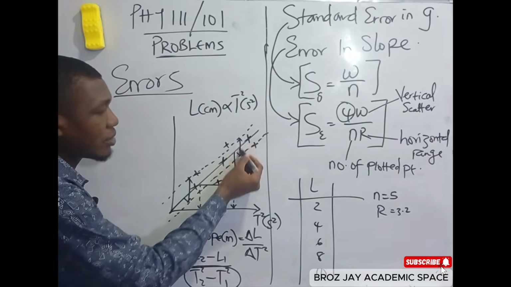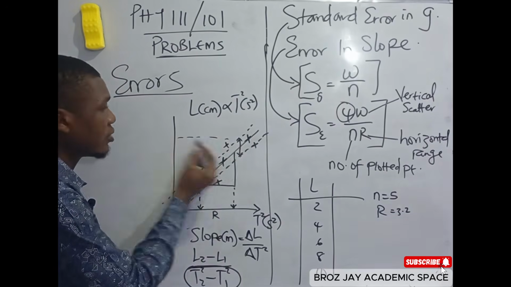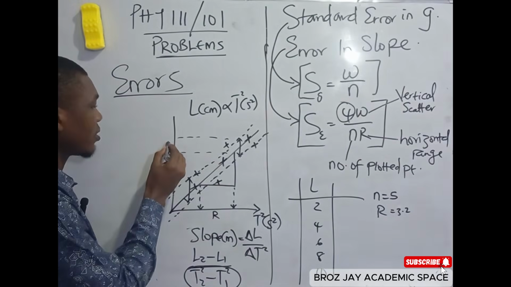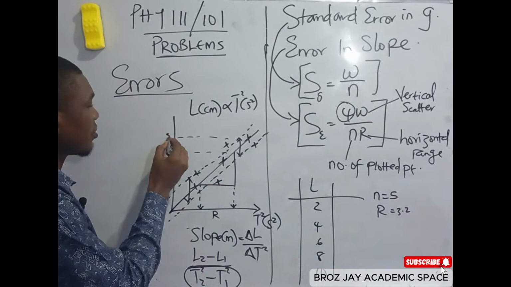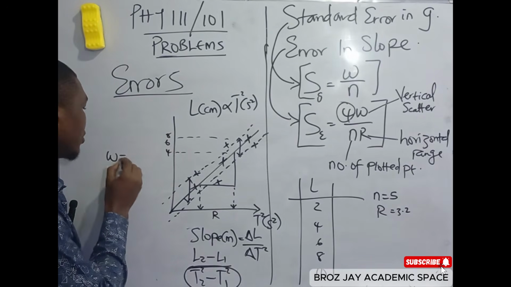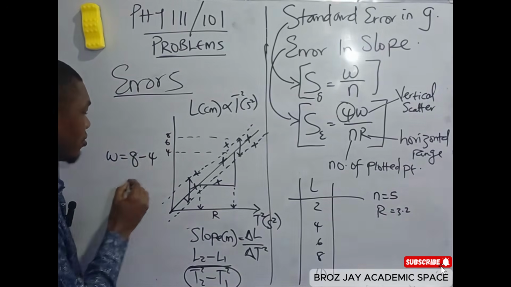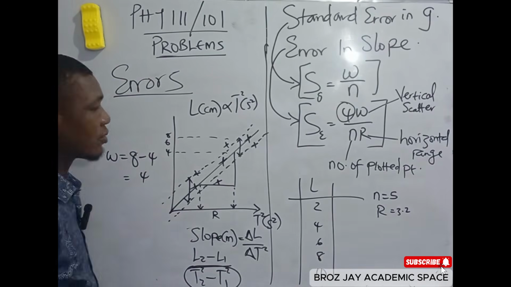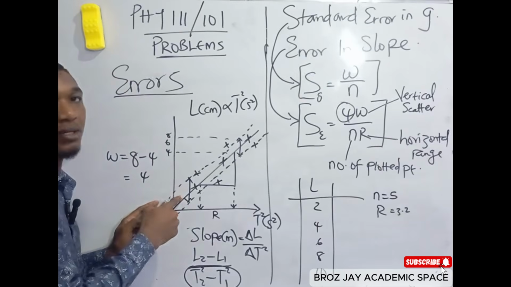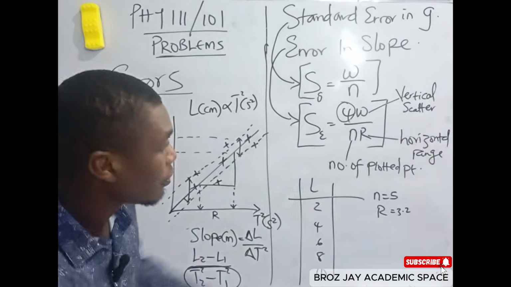Any measurement you get from here vertically, let me say here was 4, here was 6, and here was 8. So you say 8 minus 4, your W will be equal to 8 minus 4, therefore it will be 4. So that's how to get your W. Whatever you get here, it is a straight line.